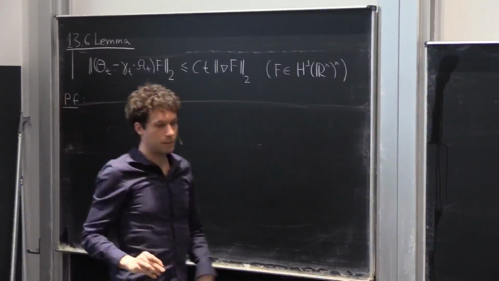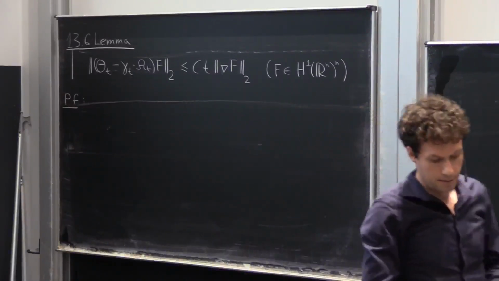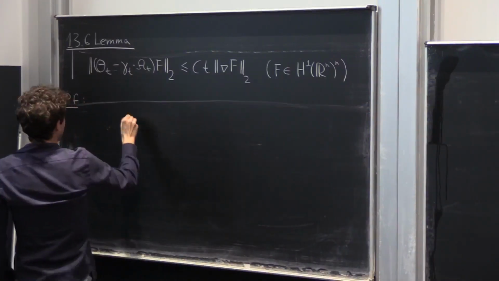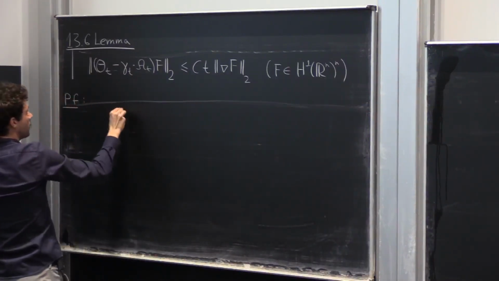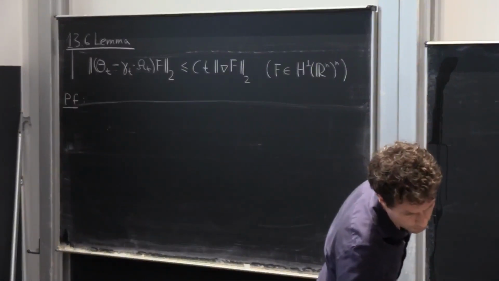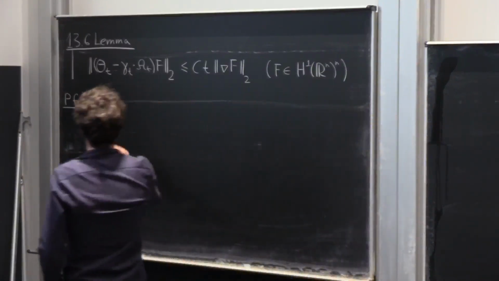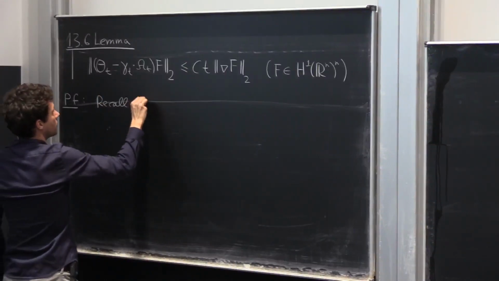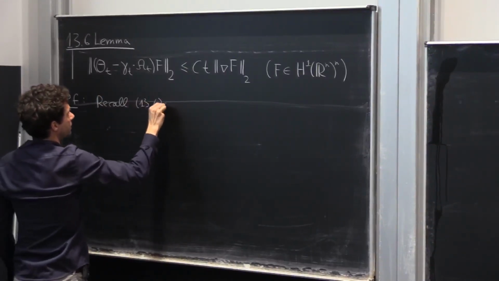All right, so how should we prove this? We have two formulas, right? I now have to remember the number of the formula because I erased it. Okay, so recall 13.16.